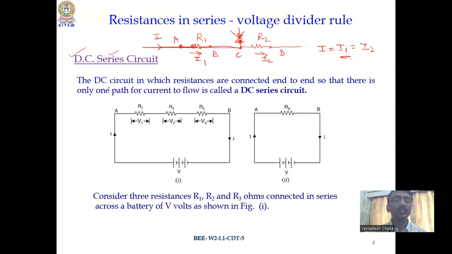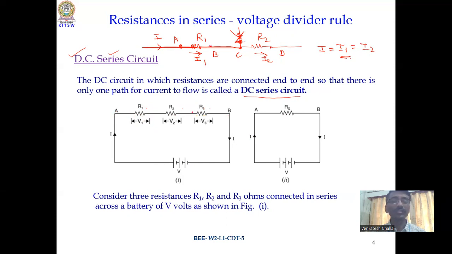See here, the DC circuit in which resistances are connected end to end, so that there is only one path for current to flow, is called a DC series circuit. So let us consider a simple circuit with three resistors R1, R2, and R3 connected in series like this.